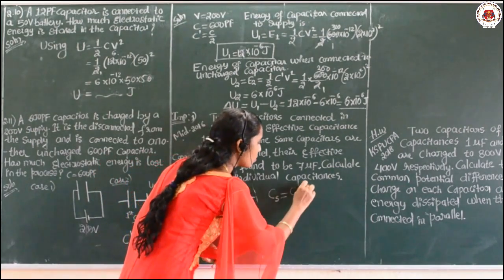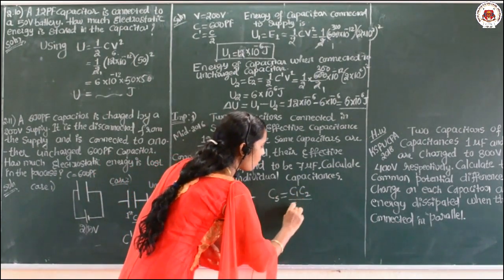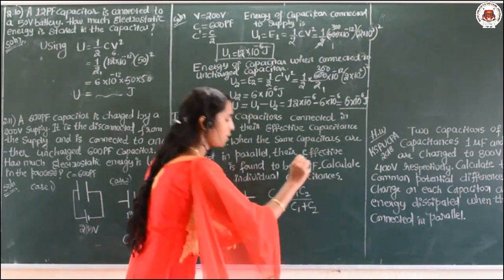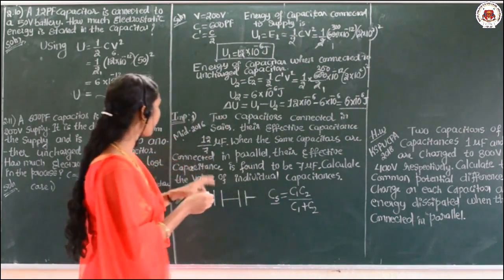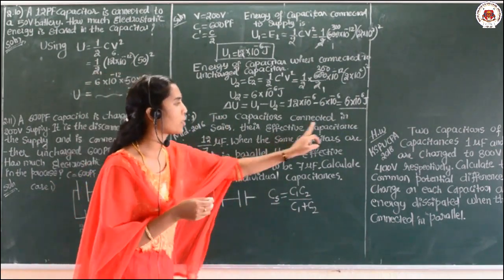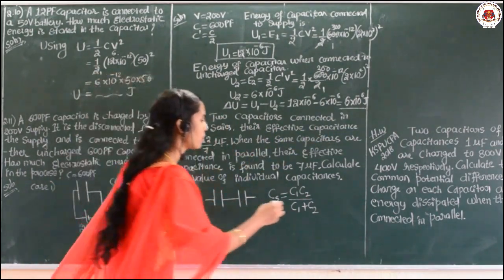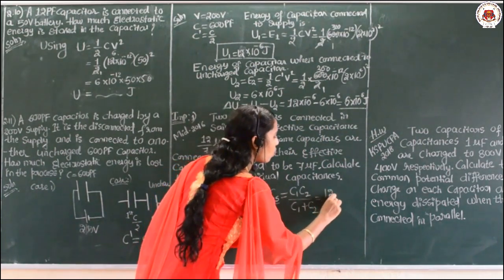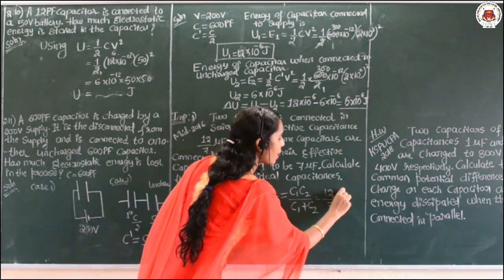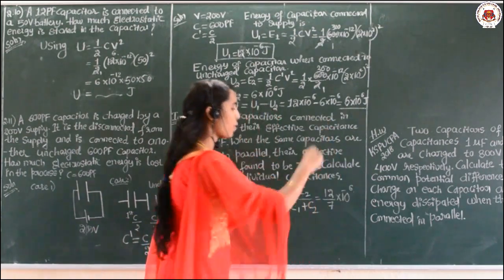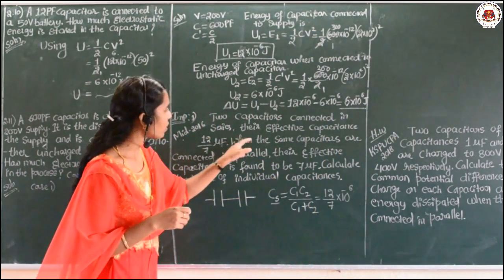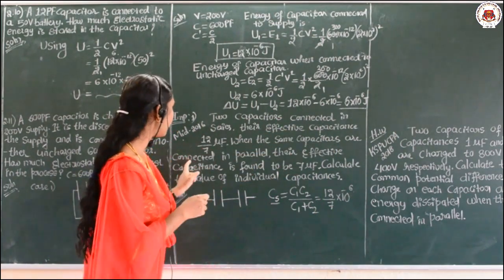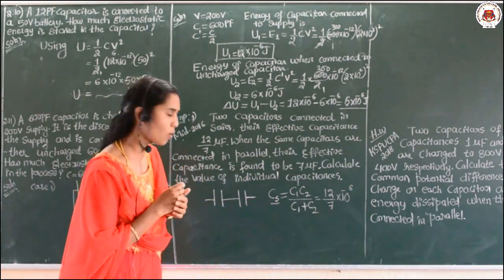Cs is equal to C1 into C2 upon C1 plus C2. Am I right? And here the Cs value they have mentioned. Effective capacitance is how much? That is equal to 12 by 7 micro. Micro means 10 to the power minus 6 farad. Right? Then next what they have done, the same capacitors are connected in a parallel combination.